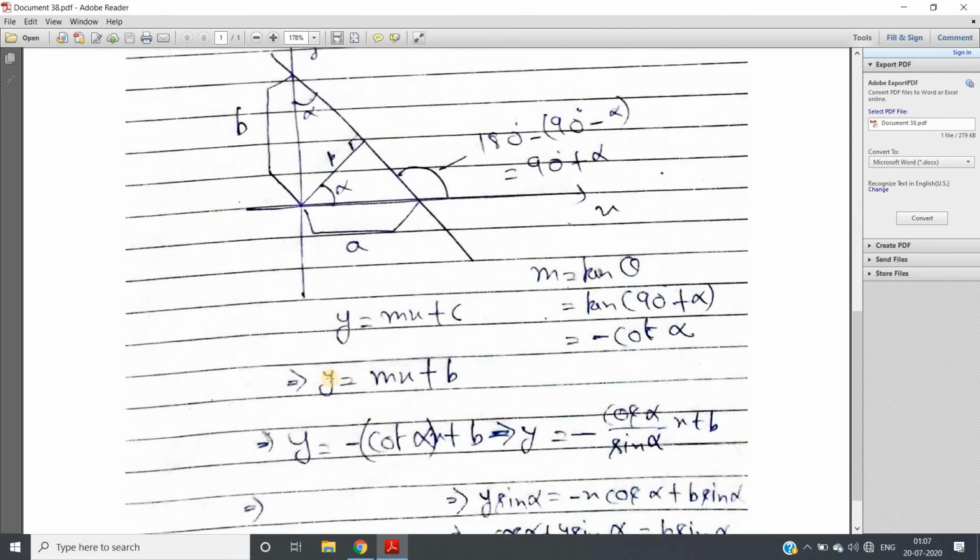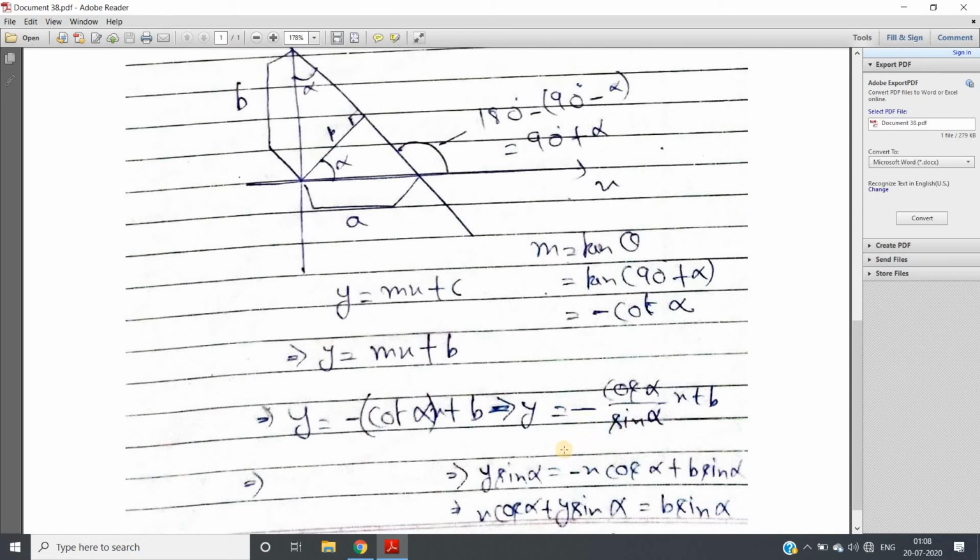Let us put that in this equation, and we will have y equal to minus cot alpha into x plus b. Cot alpha is nothing but cos alpha by sin alpha, right? Because tan alpha equal to sin alpha by cos alpha, and cot alpha equal to 1 by tan alpha. That means cot alpha equal to cos alpha by sin alpha. So if you replace cot alpha by cos alpha by sin alpha, you will have y equal to minus cos alpha by sin alpha into x plus b.